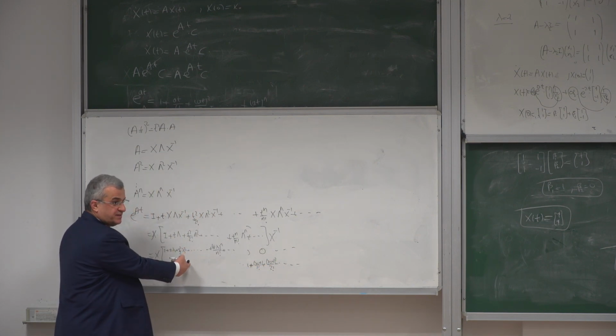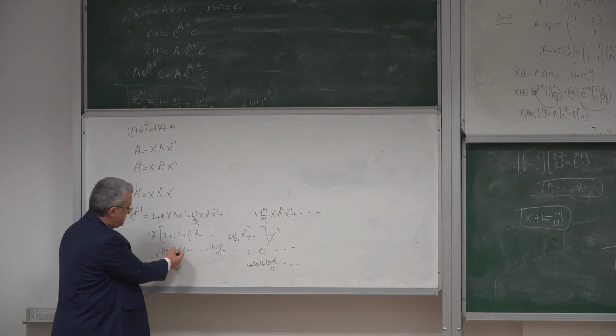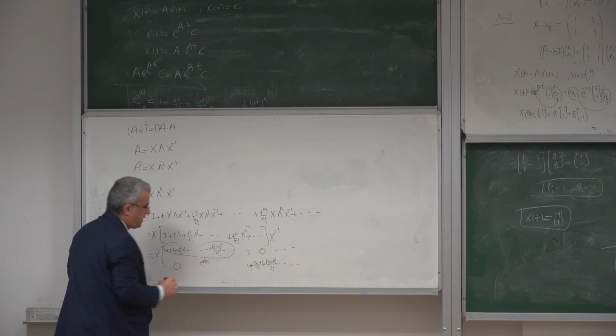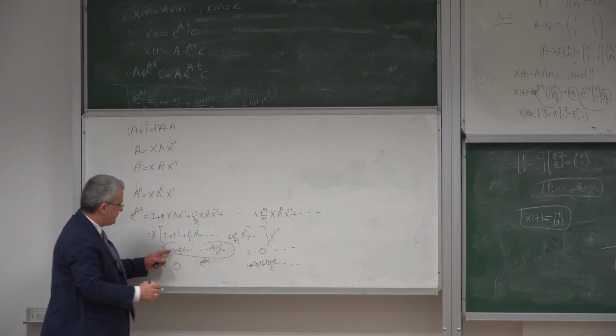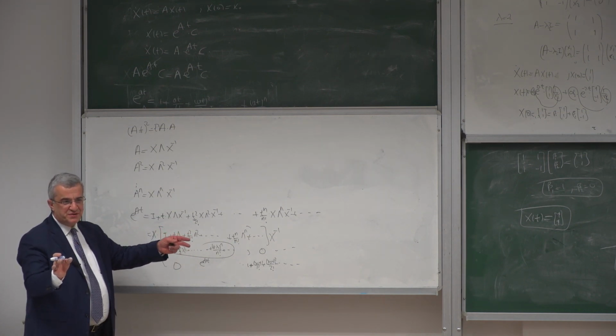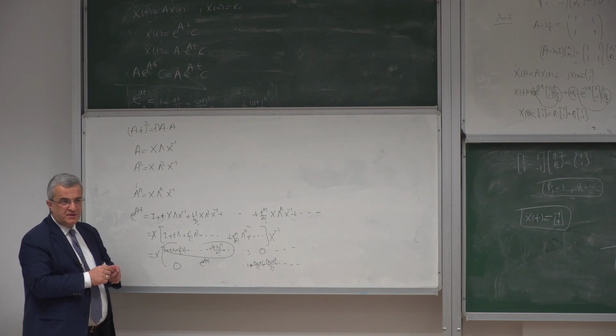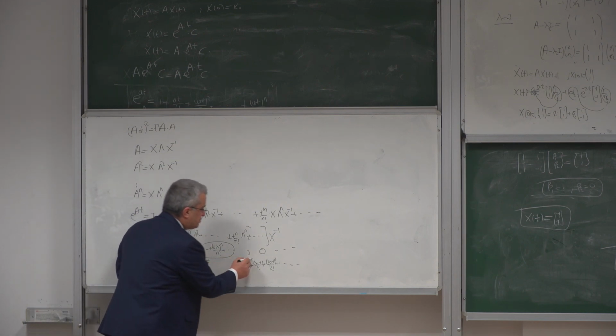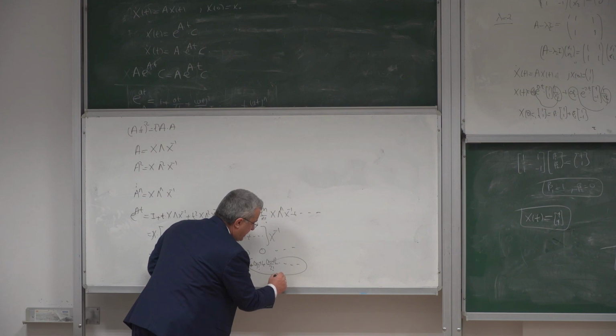What are these? As a scalar function, what is this? Isn't this e to the lambda 1 T? Isn't this Taylor series expansion? Of course, you didn't finish your calculus yet, right? Did you take your calculus 1? Did they talk about Taylor series? Not yet. But I talked about it. So this is e to the lambda 1 T. This is e to the lambda 2 T, okay?